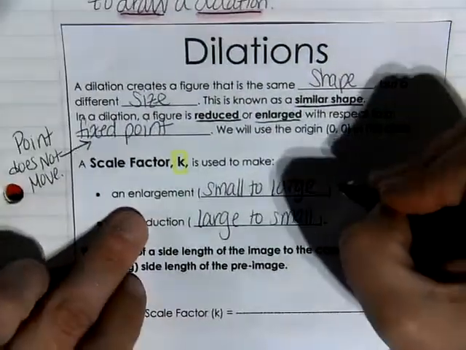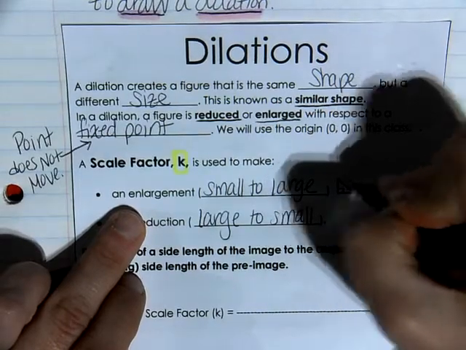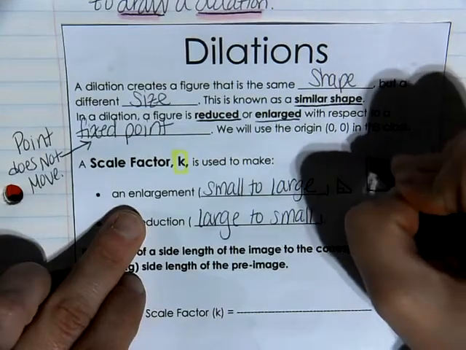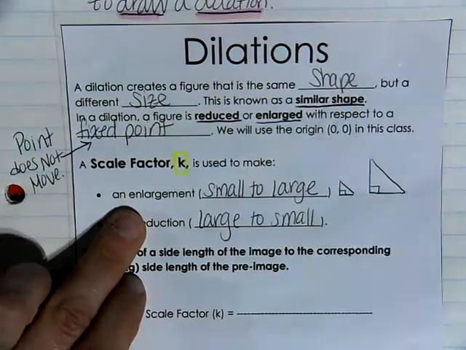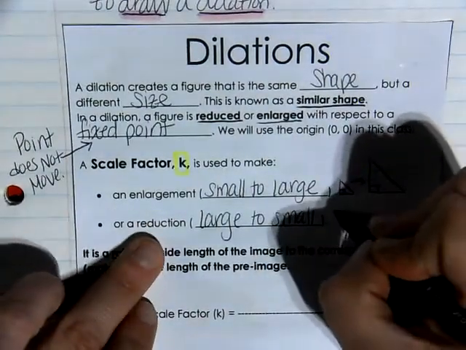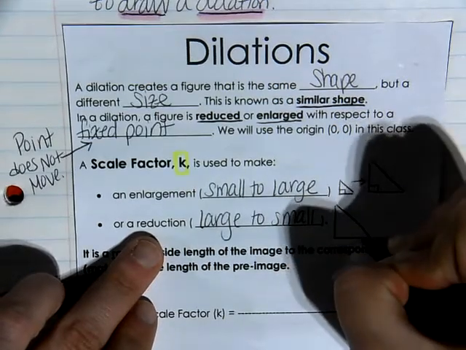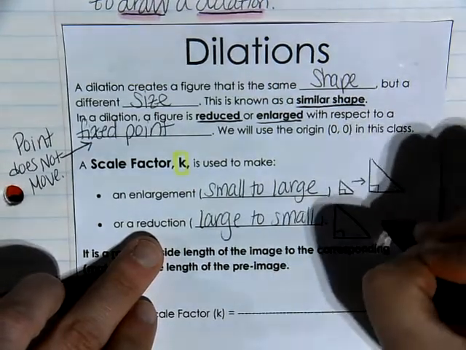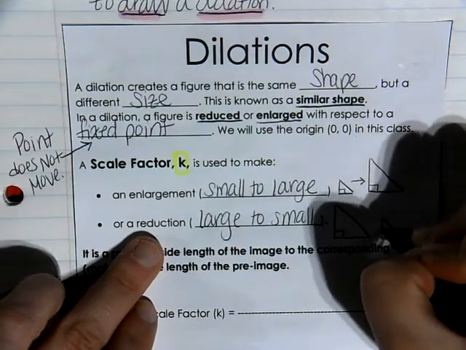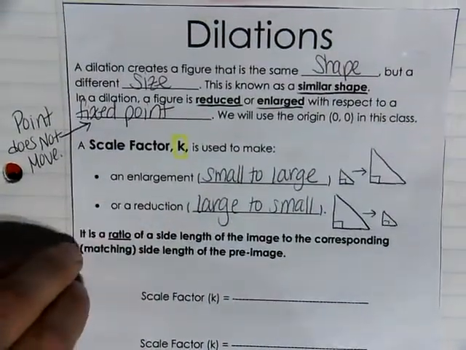An enlargement is where you have a figure that starts off small and then becomes bigger. The shape remains the same, but the size is different. Same thing for a reduction: you start off with a large figure and it turns into a small figure. Small to large, large to small.